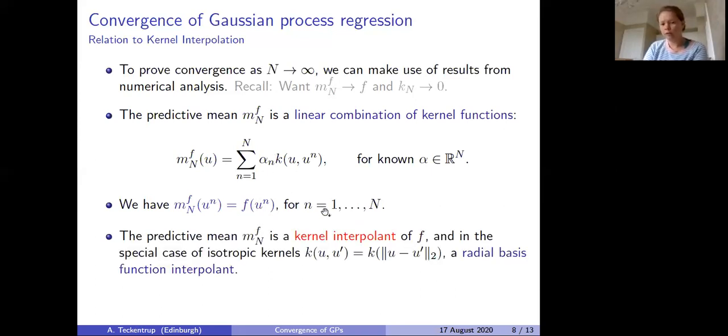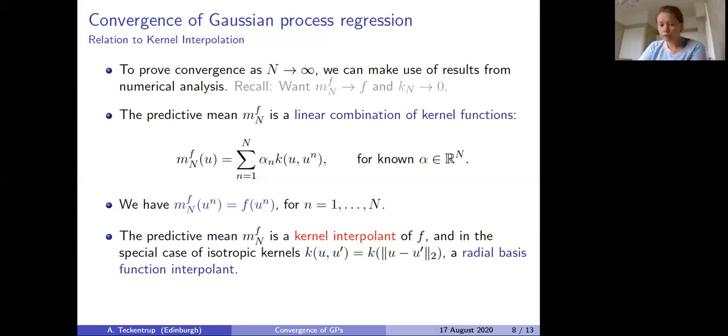These two combined mean that you have a kernel interpolant, an interpolant where the basis functions are these kernel functions. In special cases, you get back to radial basis function interpolants. If your kernel k is isotropic, which means that it depends on the two locations u and u prime only through the Euclidean distance, then you get a radial basis function interpolant.